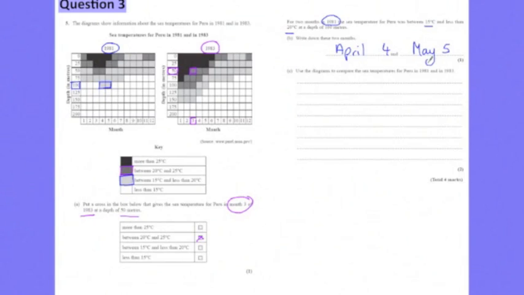We're then asked to use the diagrams to compare the sea temperatures for Peru in 1981 and in 1983. We've got 2 marks, so we need to say at least 2 things. So first off, we can say that it's hotter in 1983. Why? Because there's more darker shading. This is the high temperature, more darker shading overall.